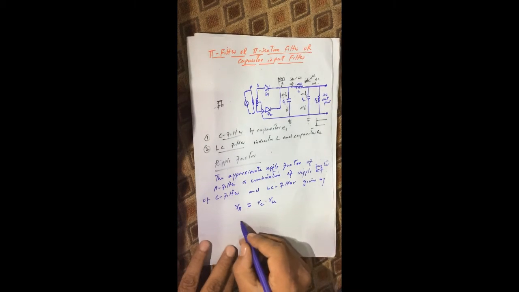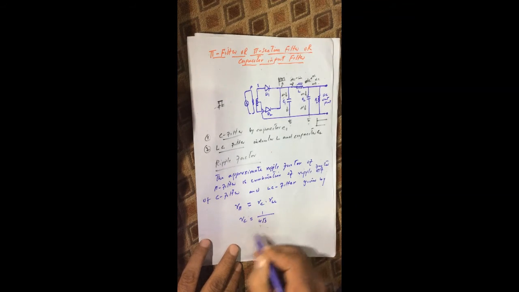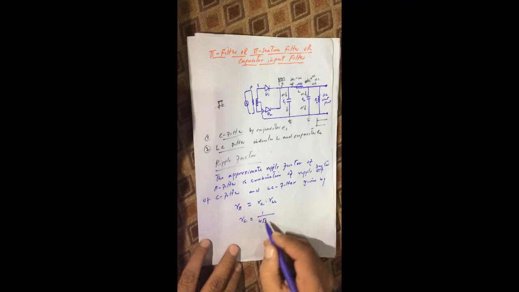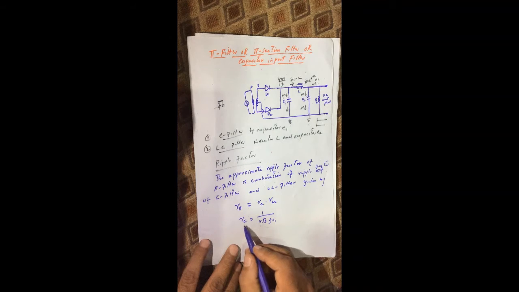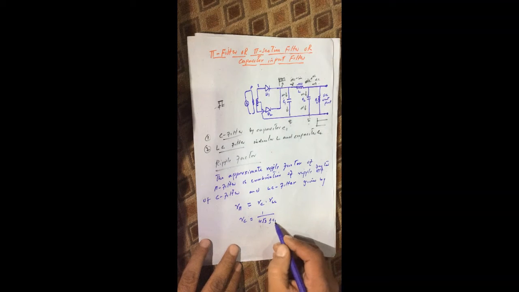But we know the ripple factor of the capacitor filter is 1 over 4 square root 3 F C1 RL, because this is the ripple factor of capacitor C1, whose capacitance is C1.